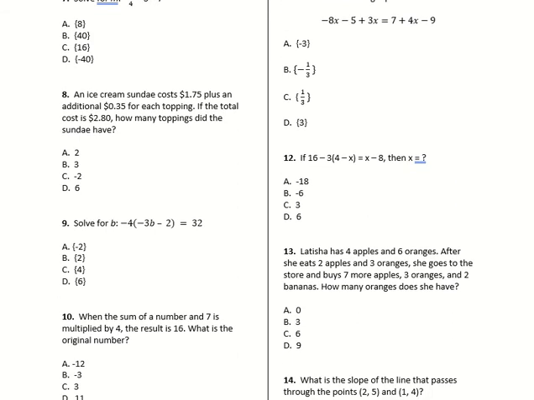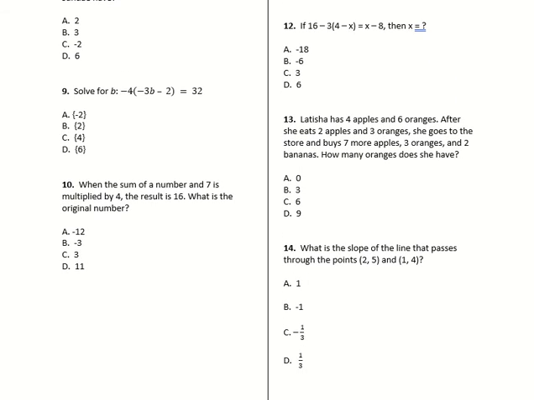Number 9. Solve for b. Negative 4 times the quantity, negative 3b minus 2, end quantity, equals 32. A, negative 2, B, 2, C, 4, D, 6.